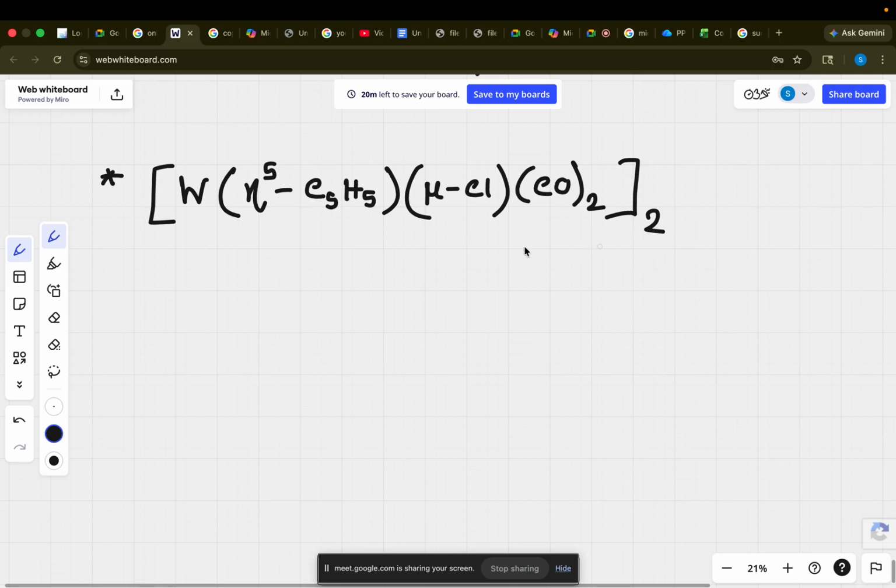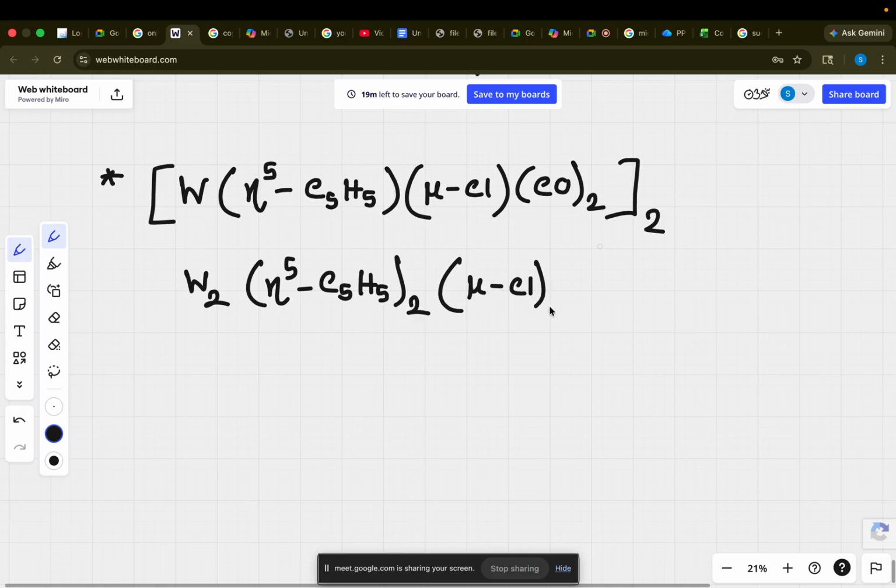First of all, better write it like this: W2 eta 5 C5H5 whole 2, then you have mu Cl whole 2, and then CO whole 4. Now count down the electrons.